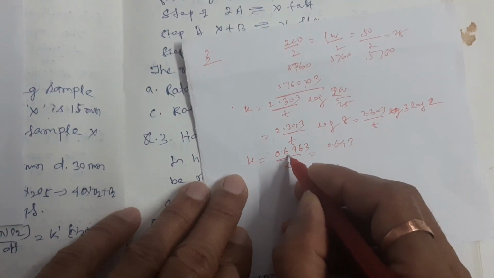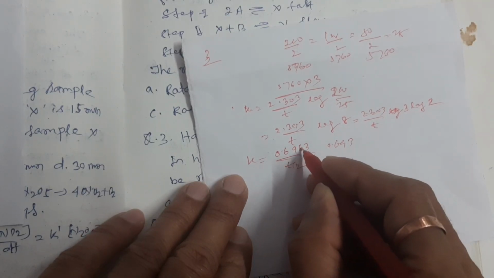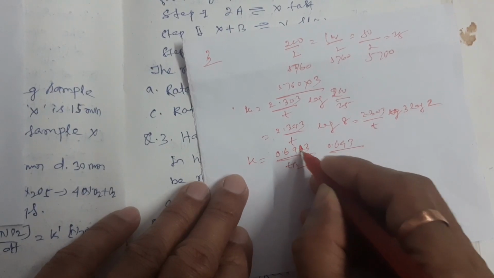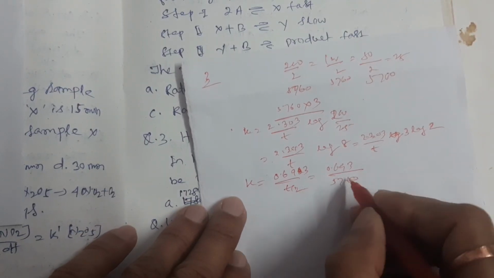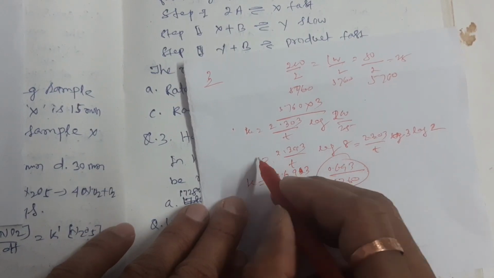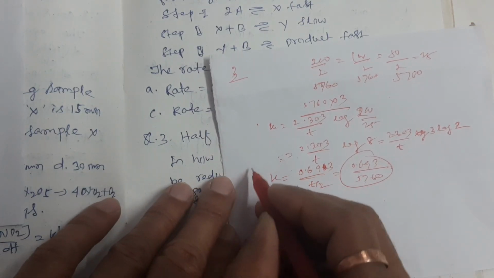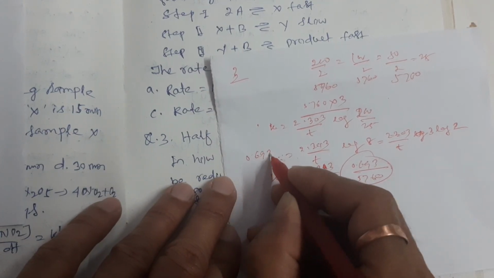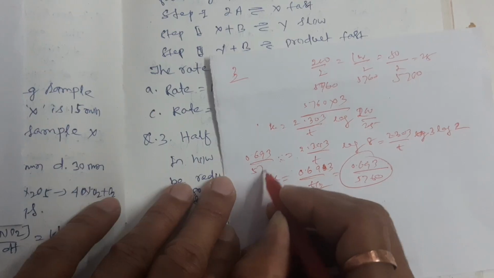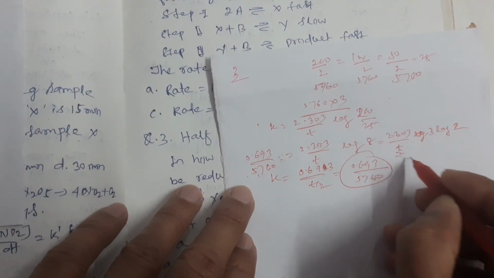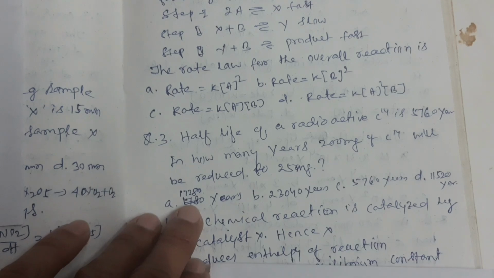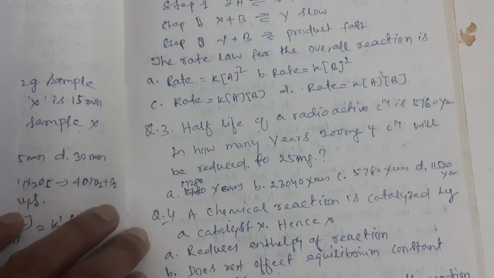So 0.693 divided by 5760. Put this k value here, and when you put it you will get the t value. So this is 17280.